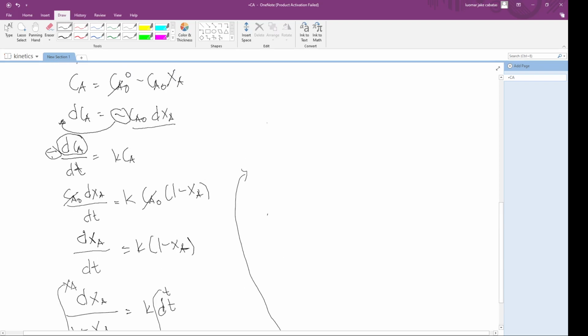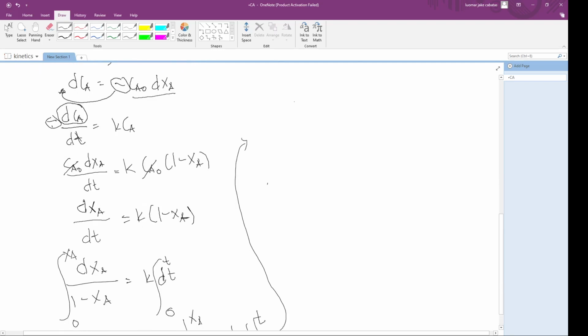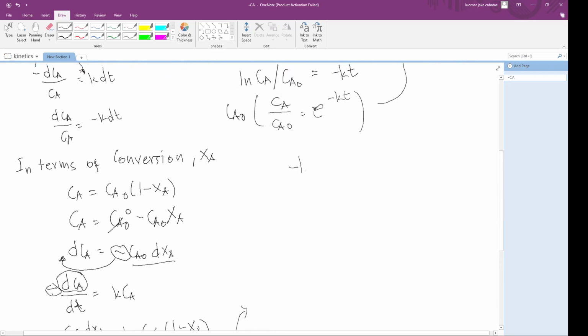So we have negative ln of 1 minus XA with limits 0 to XA is equals to kt with limits 0 to t.